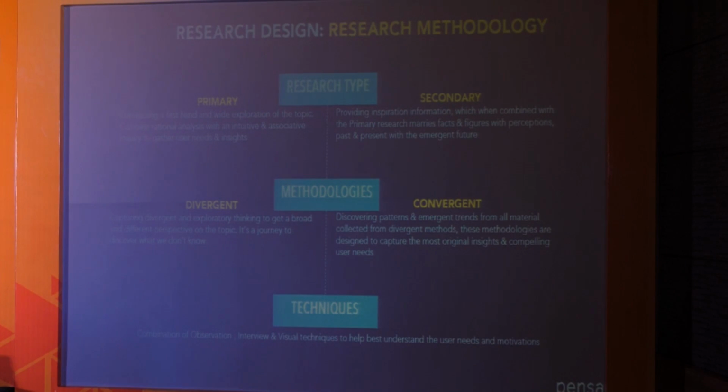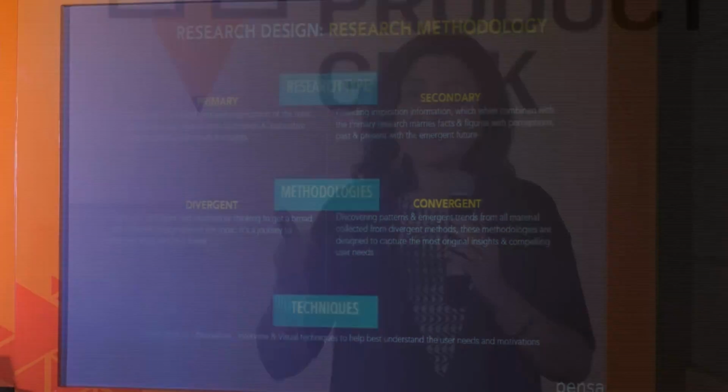If I were to give you a few techniques, if you look at the research process, to begin with, there's primary research. Primary is when you're actually connecting with the customers. Secondary research is what you can find on the World Wide Web. As far as methodologies are concerned, there are lots of techniques to understand people, and everyone is going to be different. So there are both convergent as well as divergent techniques, right?